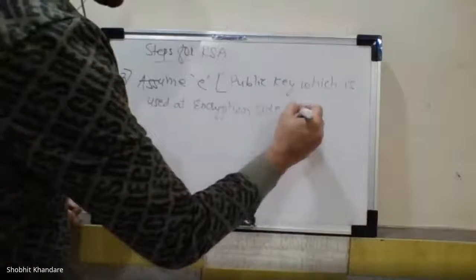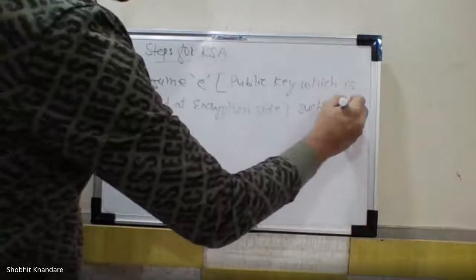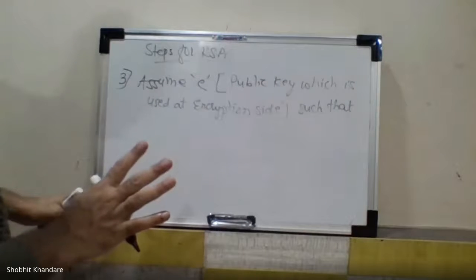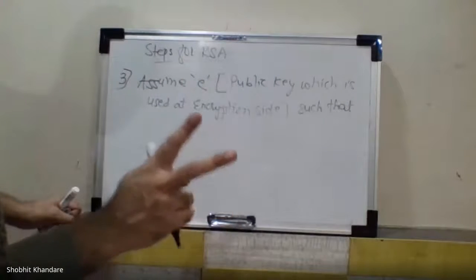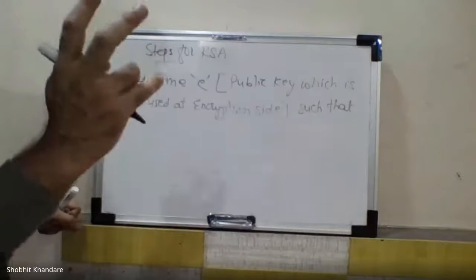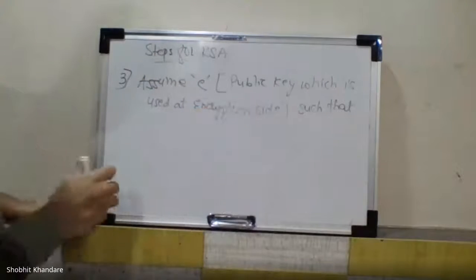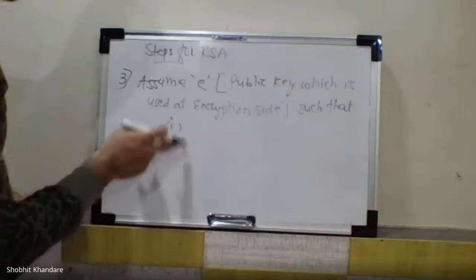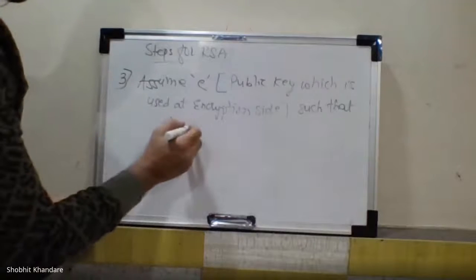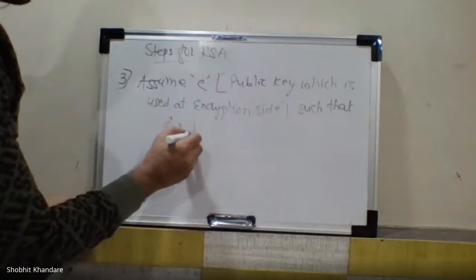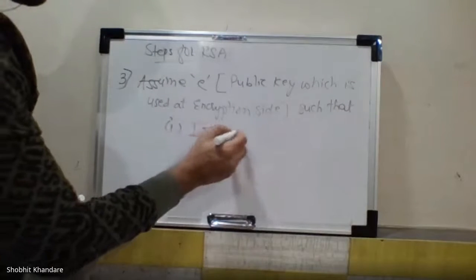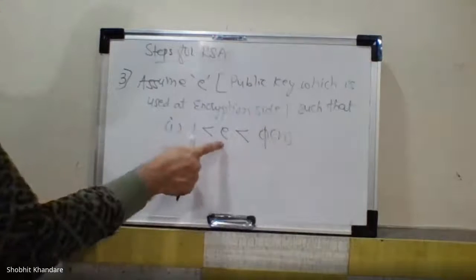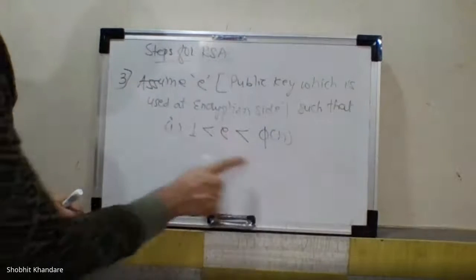Such that there are two conditions. Now I am assuming the value of e, and to assume the value of e, I have to consider two points. Such that, write down the small one: there are two conditions to assume the value of e. First one is, your e should lie in between 1 and phi of n.